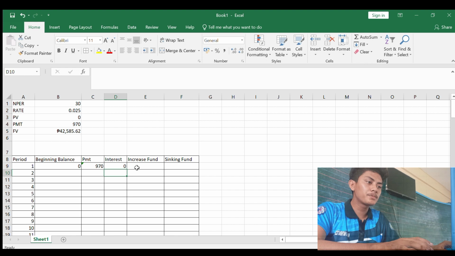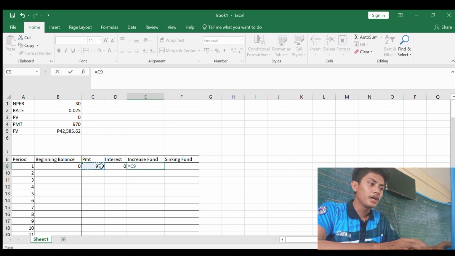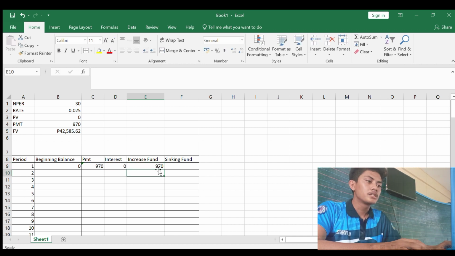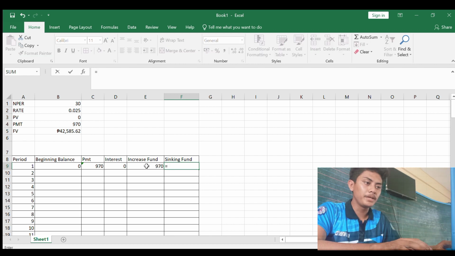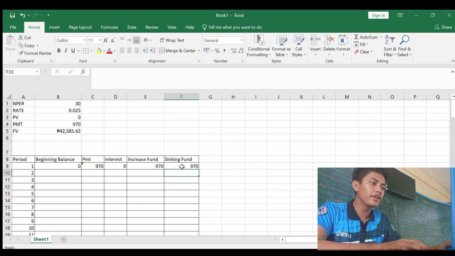So our increased fund is equal to PMT plus the interest, so still 970 because we have no interest in the first period. Then our sinking fund is equal to the beginning balance plus the increased fund. Enter. So still 970 because we have no beginning balance in the first period.